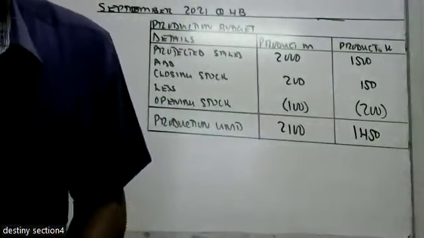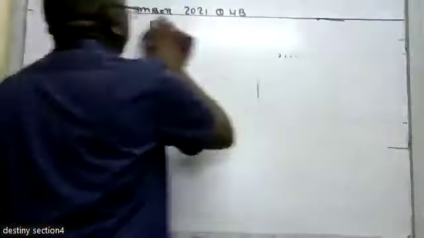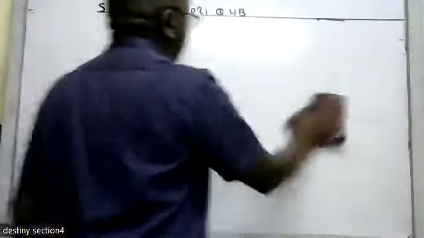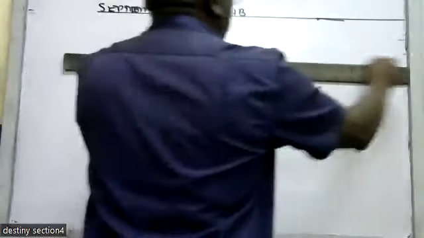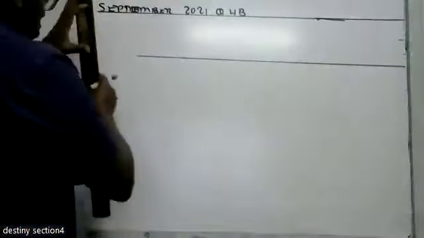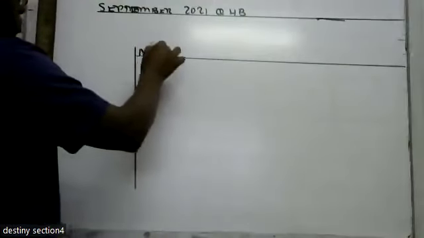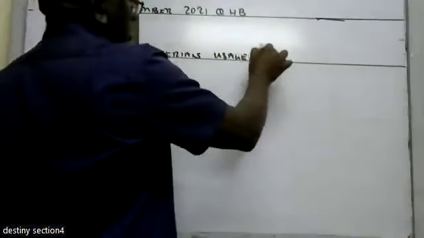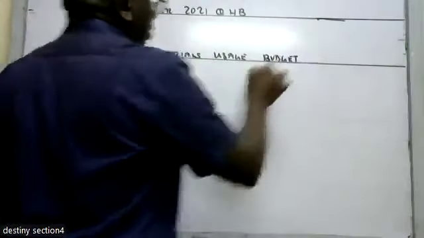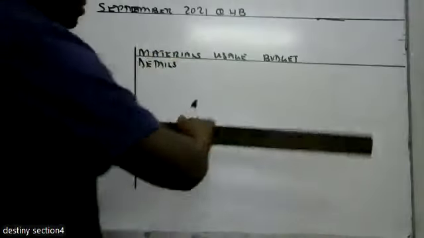Let's go to material usage budgets. Materials usage budget. So again, we have a column for details.